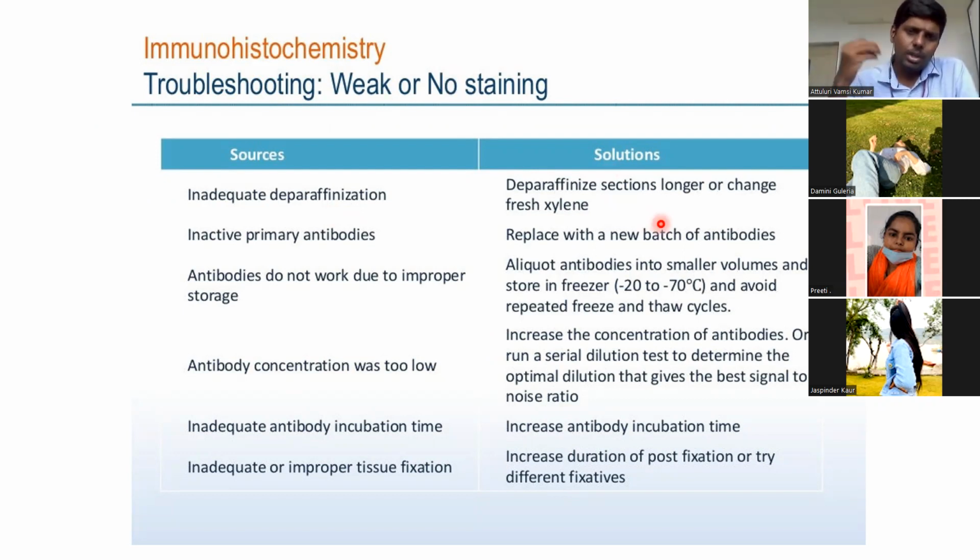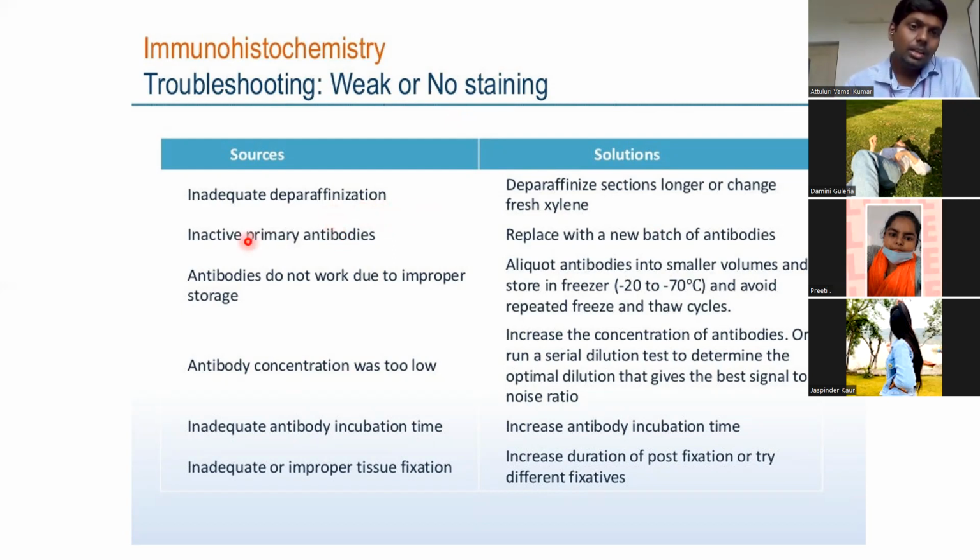We know that xylene is a very good clearing agent; it will remove the paraffin. So we will subject the tissue to xylene solution in case of weak or no staining. One reason might be paraffin wax is blocking, so we need to deparaffinize the section.